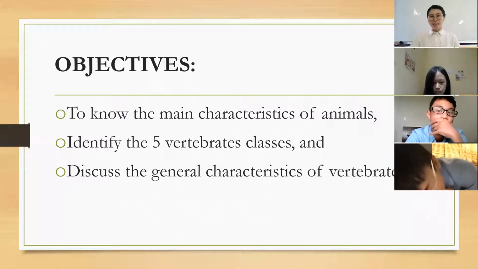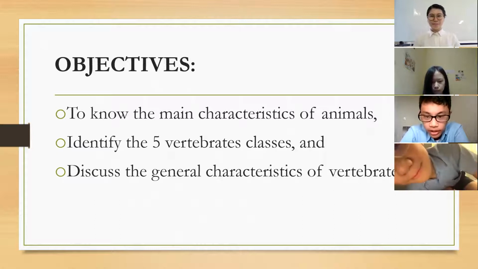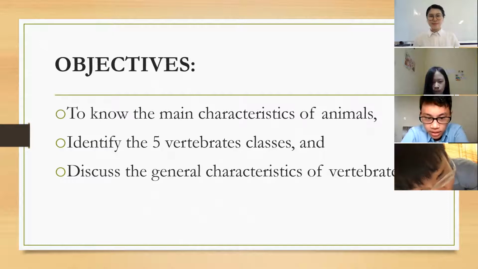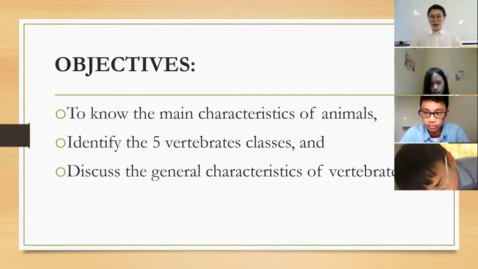May I request Daniel to read the three objectives? Objectives: to know the main characteristics of animals, identify the five vertebrate classes, and discuss the general characteristics of vertebrates.